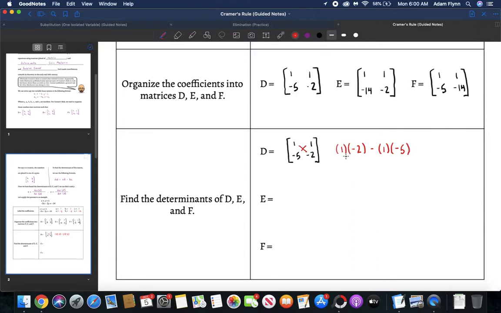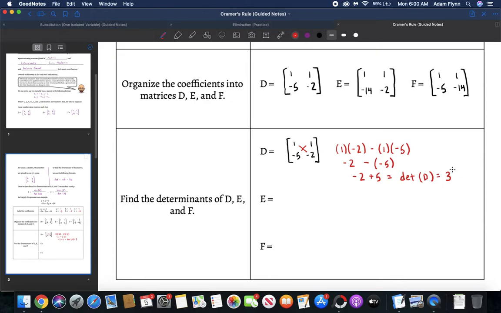So if I do this, 1 times -2 is going to be -2, minus 1 times -5, which is going to be -5. -2 minus -5 is the same thing as -2 plus 5, which means the determinant of D is going to be -2 plus 5, which is +3.